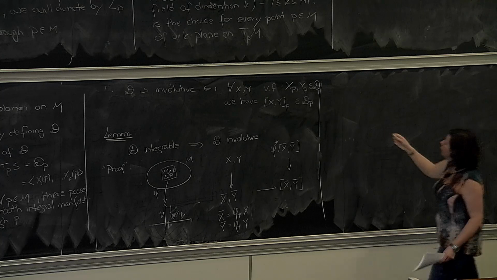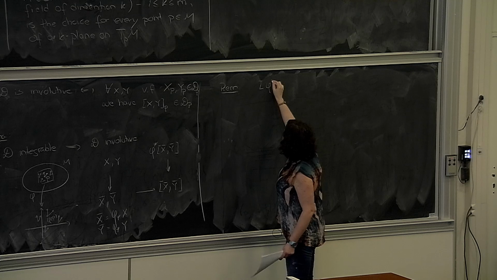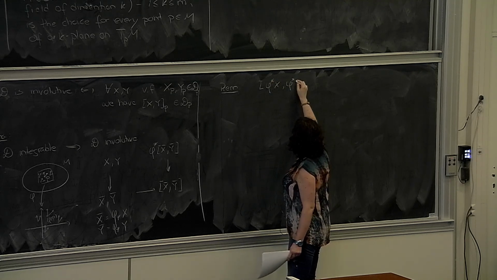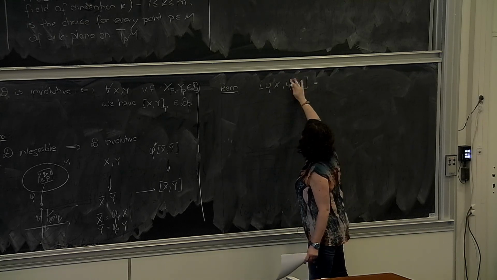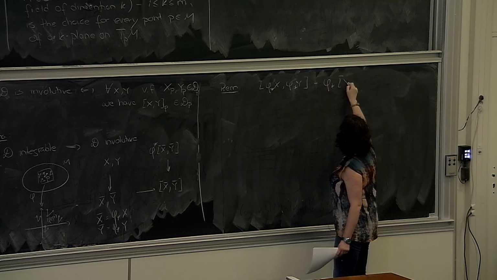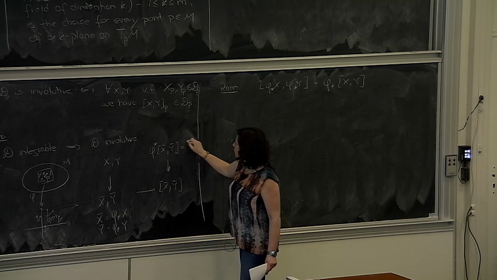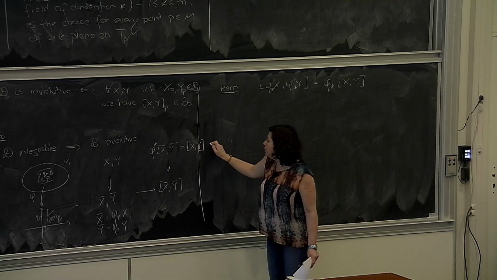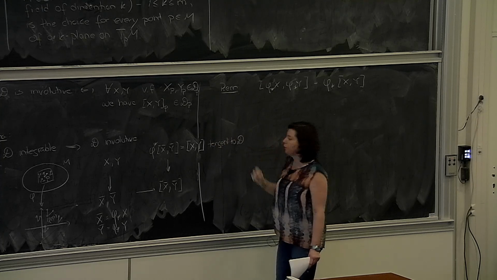And what we know is that the pullback, or sorry, the push forward, is the push forward of the Lie bracket of these two vector fields. So this simply coincides with the Lie bracket of x, y, so it must be tangent to D. Okay?